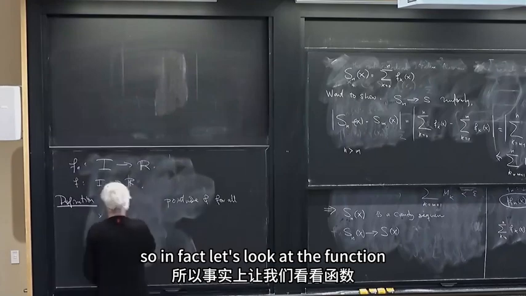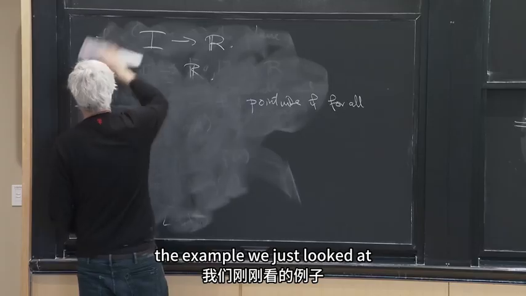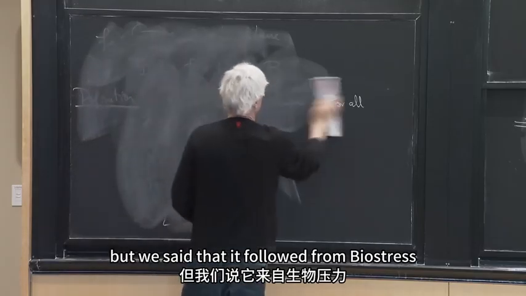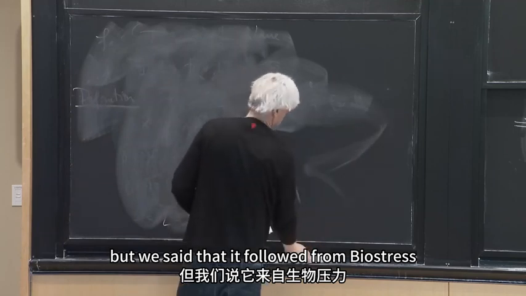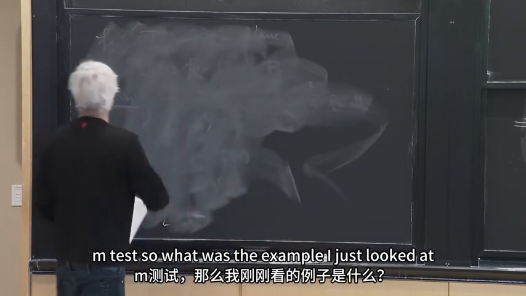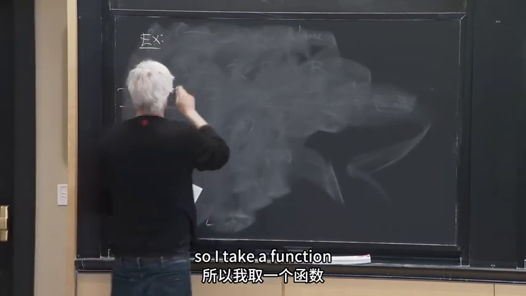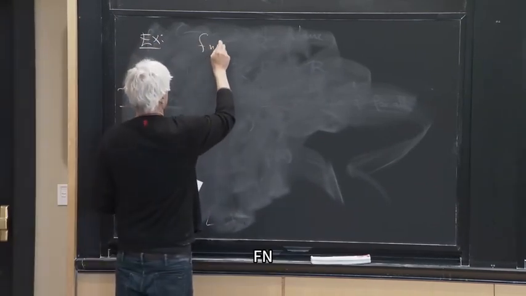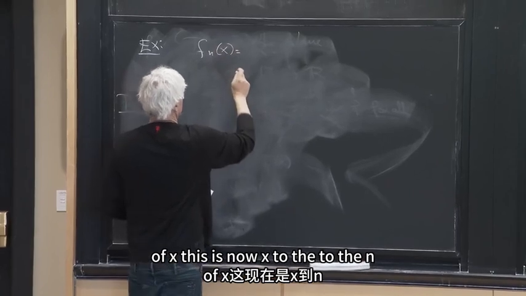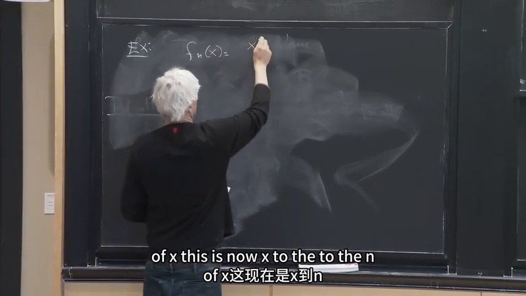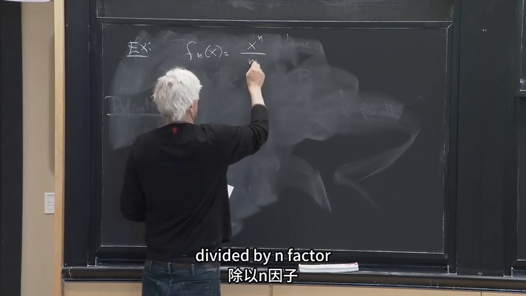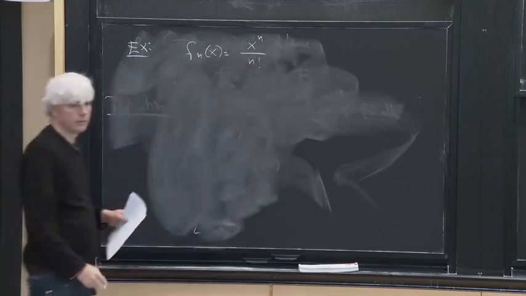So in fact, let's look at the example we just looked at, which we said followed from the Weierstrass M-test. So what was the example? I take a function fn of x, which is x to the n divided by n factorial.